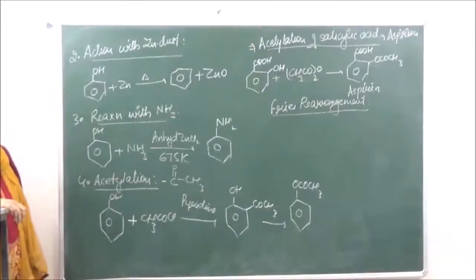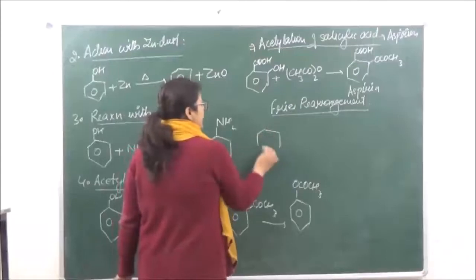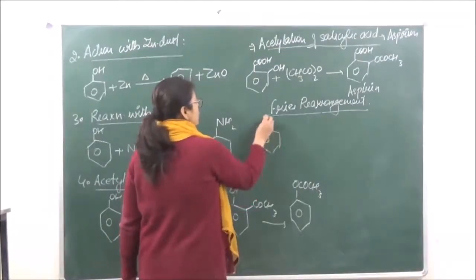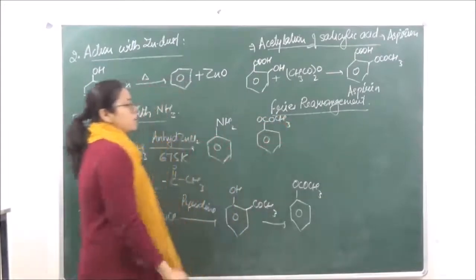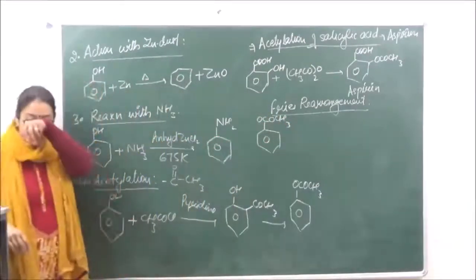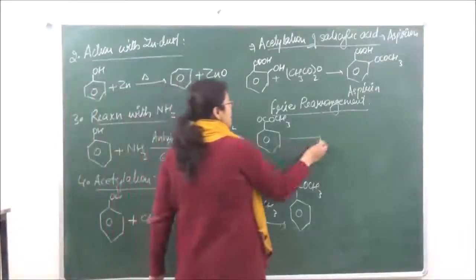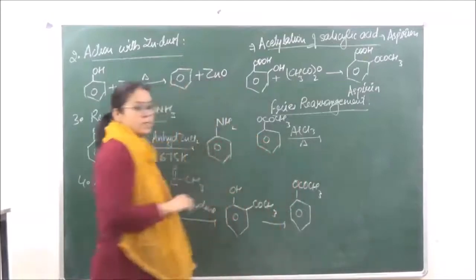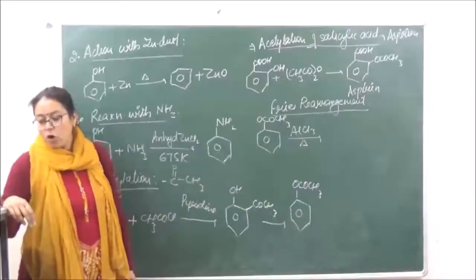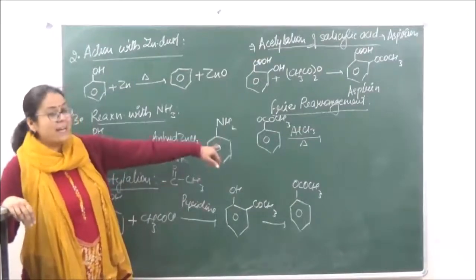Fries rearrangement. This is when we are looking at phenyl acetate. Phenyl acetate, when we react this in presence of AlCl3 and we heat it, we get orthohydroxy acetophenone. This is phenyl acetate.